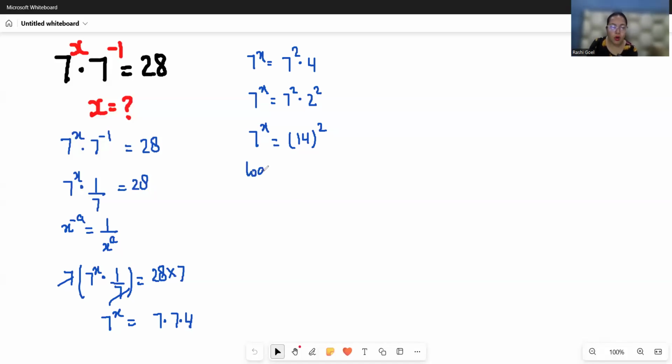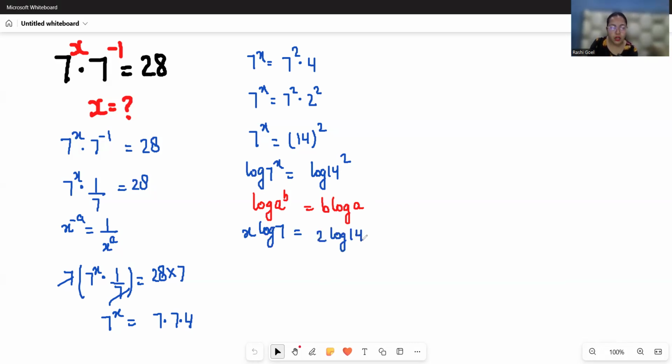Now if I take log on both sides, log 7 power x equal log 14 power 2. As per log rule, log a power b, we can write it as b log a. So it's x log 7 equals 2 log 14.